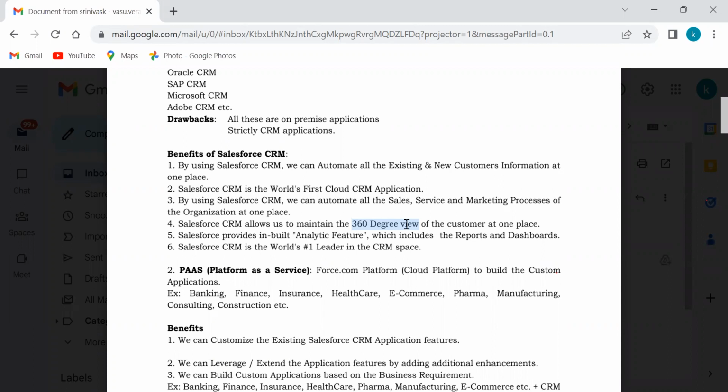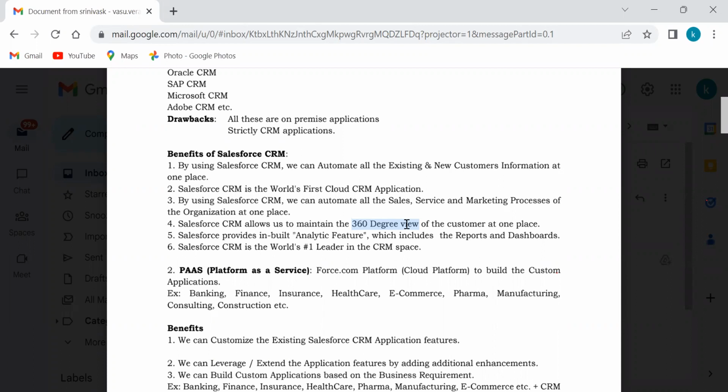All the basic customer details, like his first name, his last name, in which industry he is working, what is his annual revenue, as well as his contact details. Contact details means his mobile phone number, landline phone number, office phone number, his email address, fax, all these will be stored at one place.